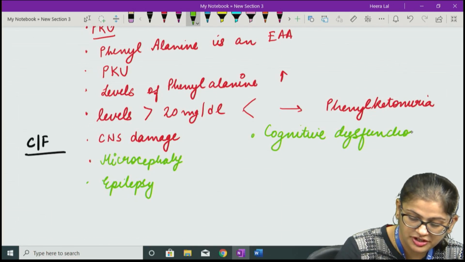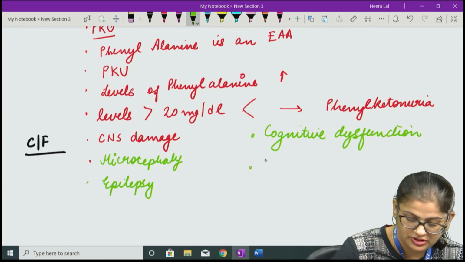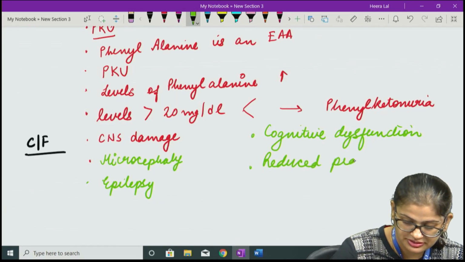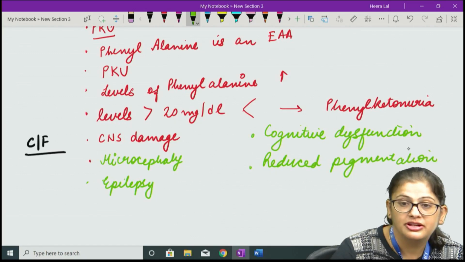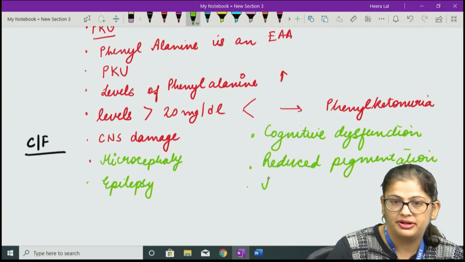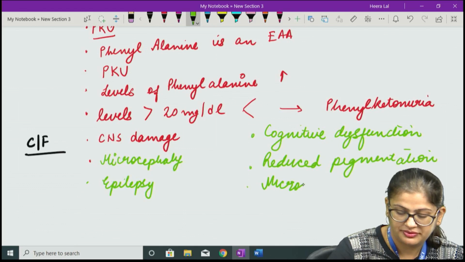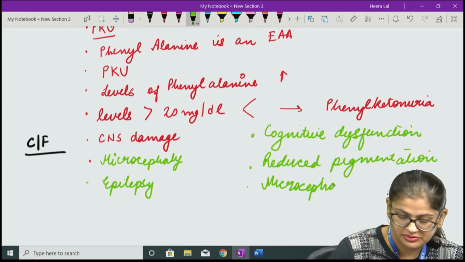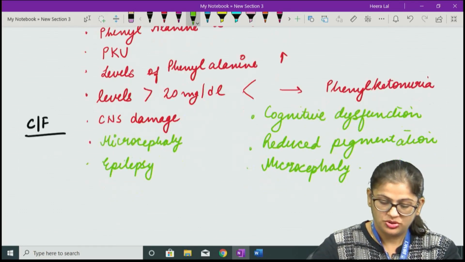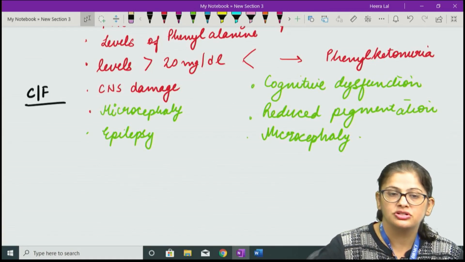And there may be reduced pigmentation of the skin and hair. So these are the important clinical features.